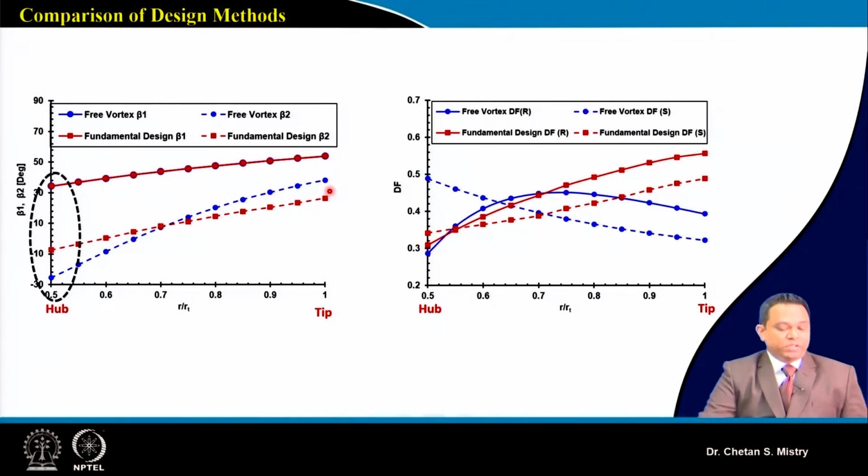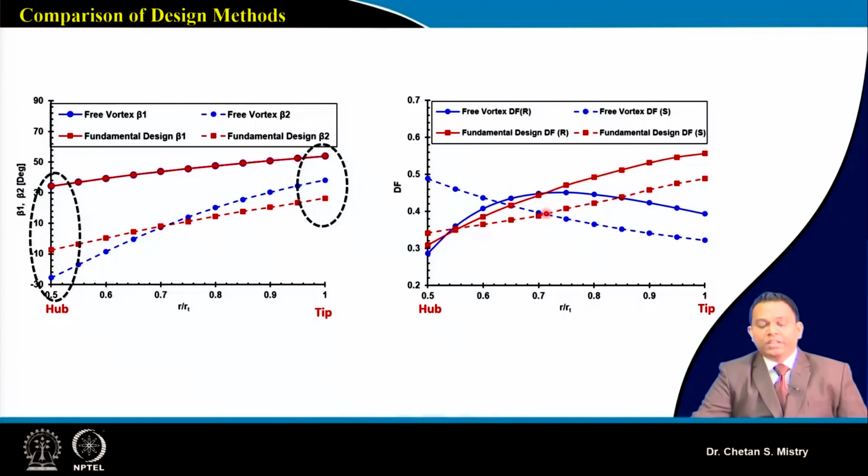Basically that represents our blade twist, which is less, and we have seen that even in our 3D geometry for the rotor blades. Now here in this case, if you are comparing, this represents my diffusion factor.